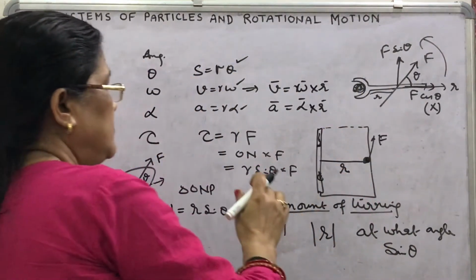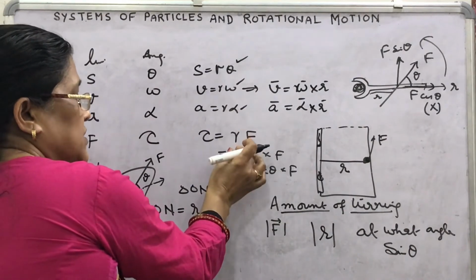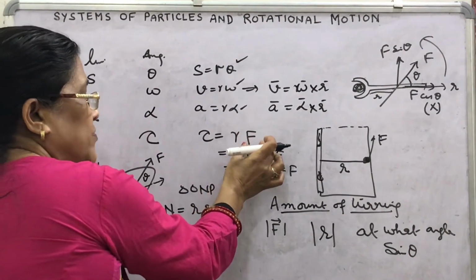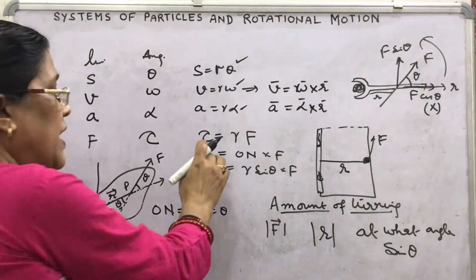Now this torque, the product of the moment arm and the force applied, is a vector quantity. How can it be written?